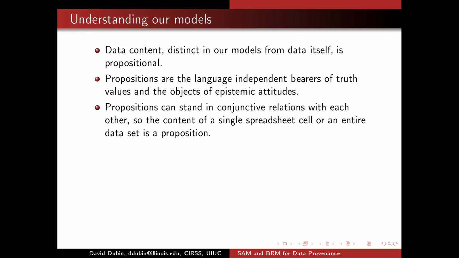Propositions can stand in conjunctive relations with each other. So the content of a single spreadsheet cell is a proposition, and the content of an entire data set is also a giant conjunctive proposition. And these propositions are themselves independent of any particular linguistic or symbolic expression.